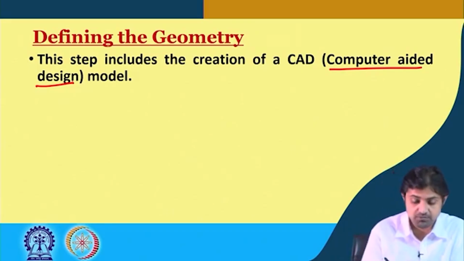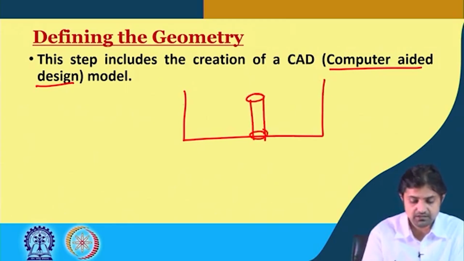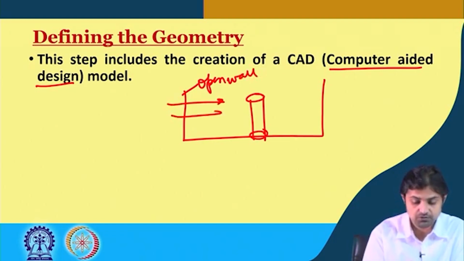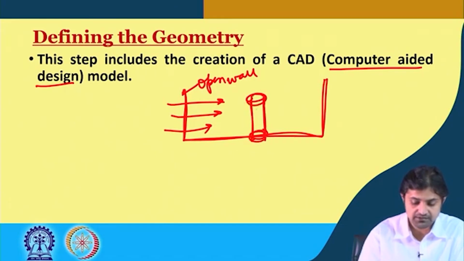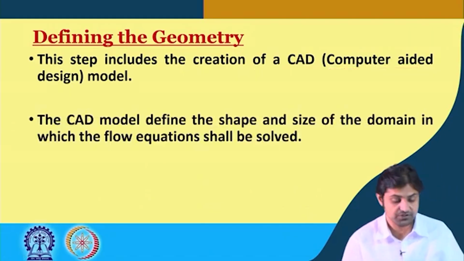For example, suppose there is a tank, right, and there is a pier, all right, and this is open. I am just drawing it in 2D, assume it is 3D, and flow is coming through this, right. So you will have to define this tank and this, all right. So you can do it using CAD models, all right, and this is defining the geometry.